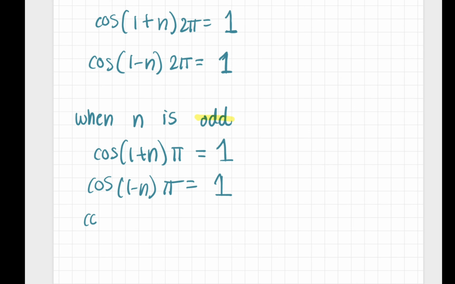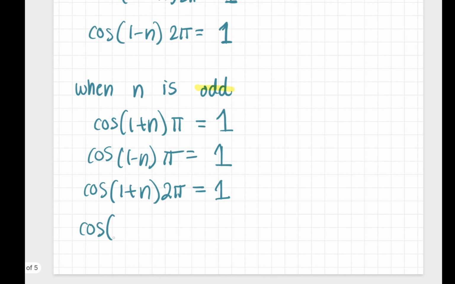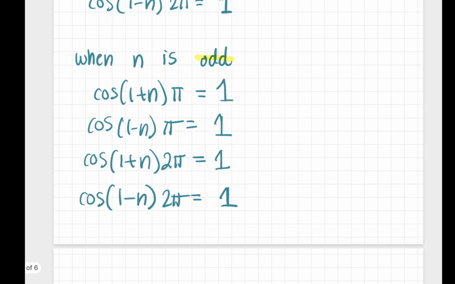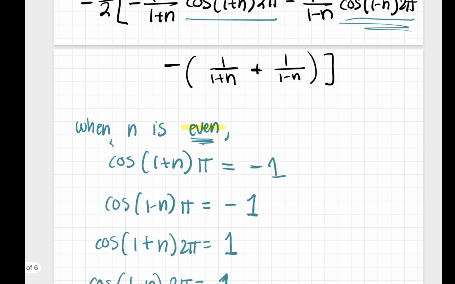Then we have cos of (1 + n)2π, and that's going to be 1 if you replace the value of 3. And you have cos of (1 − n)2π, and that's also going to be 1 if you replace the value of 3 or any other odd number for that matter. So now we have when n is even and when n is odd.